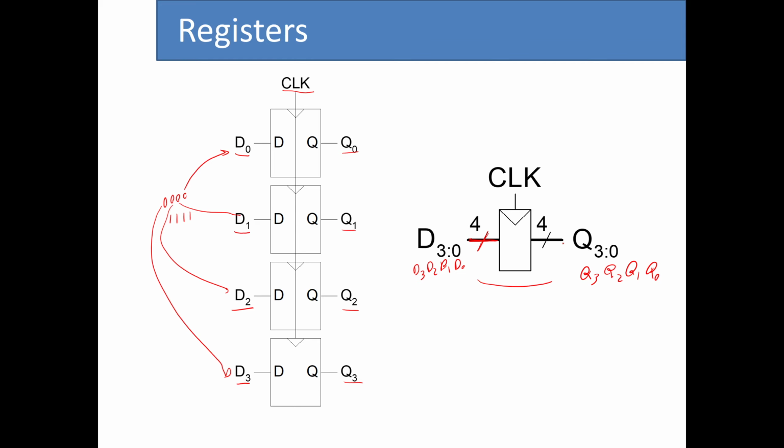And then we have this bus with this slanted line that shows we are working not only with a single wire, but a bunch of wires. And how many wires? This value shows that we have 4 wires. So that is one variation that we usually consider when we work with more than a couple of D flip-flops.